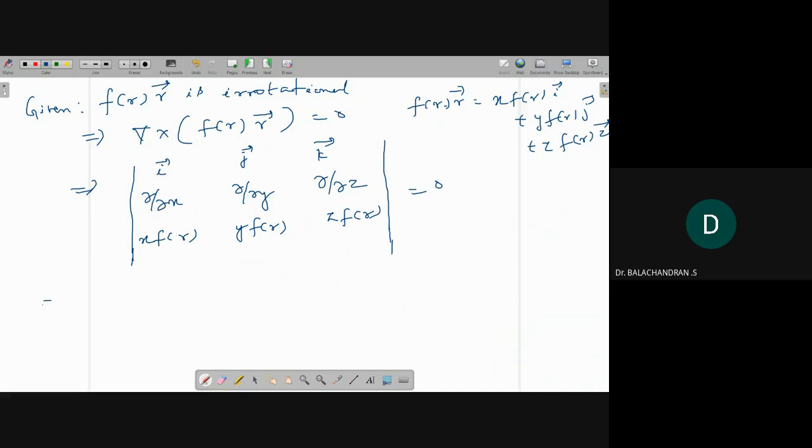Okay, now this implies I vector into, if you expand this one, you will get dou by dou y of z into f of r minus dou by dou z of y into f of r.